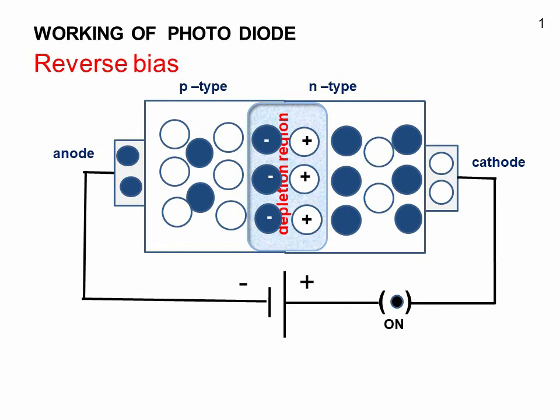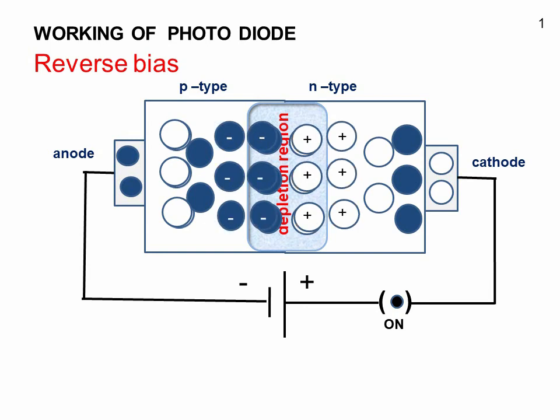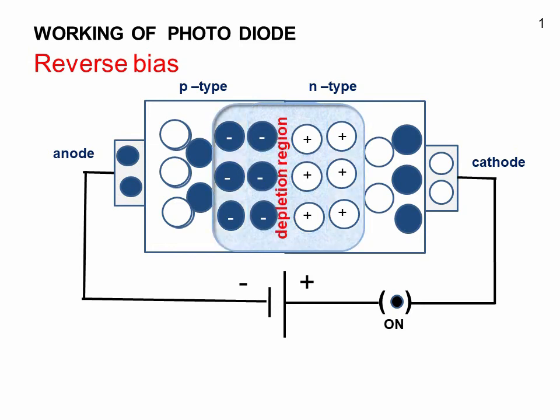Simultaneously, the electrons in the anode attract the holes in the P type, so that more ions are developed near the junction, and hence the depletion region is increased. Without radiation, only minority current is produced. This small current is called dark current.